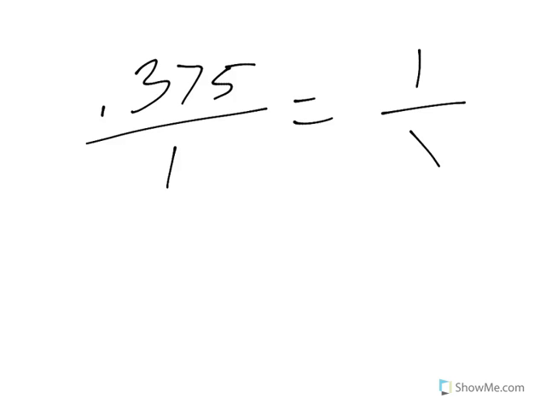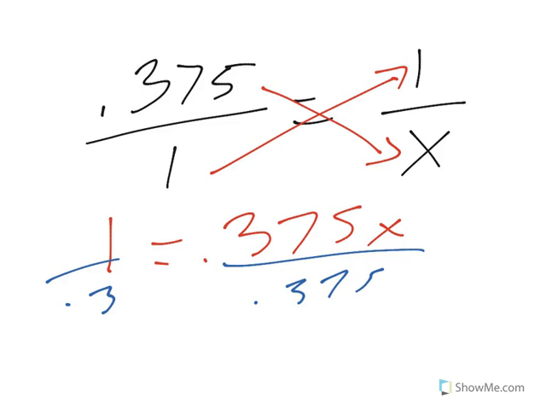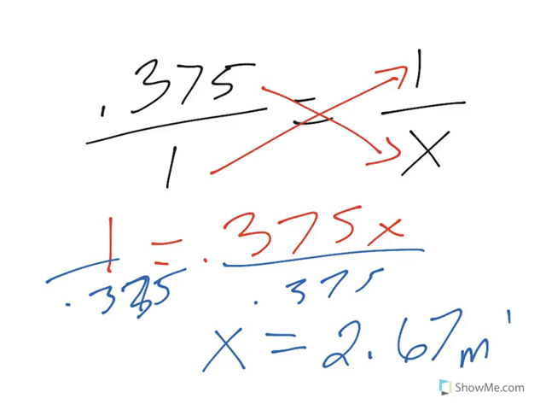Now I'm going to write that without the labels, because labels can be confusing. So when I solve it, cross multiply. I get 1 equals 0.375x, divide both sides by 0.375. And you get approximately 2.67, and that is milliliters, because the milliliters are on the bottom. And that, my friends, is the last video for this lesson 11. Thank you all.